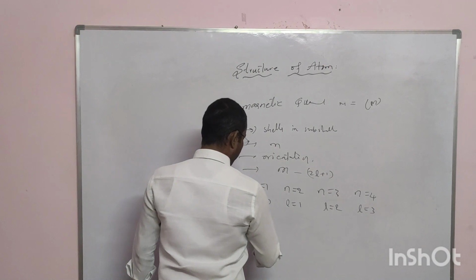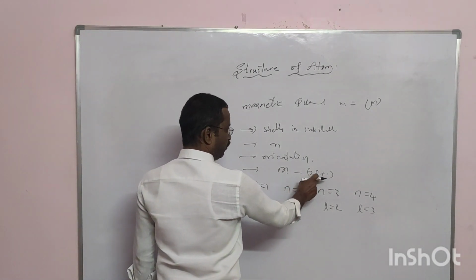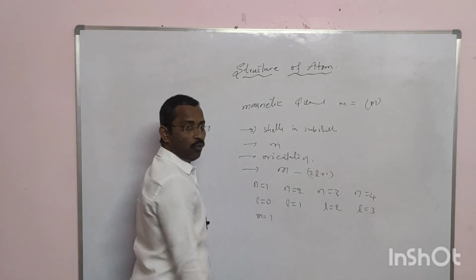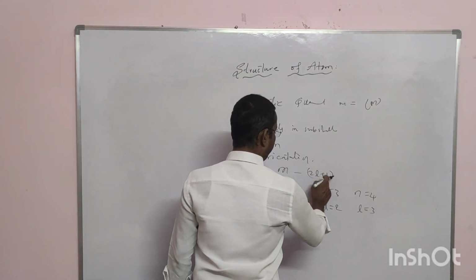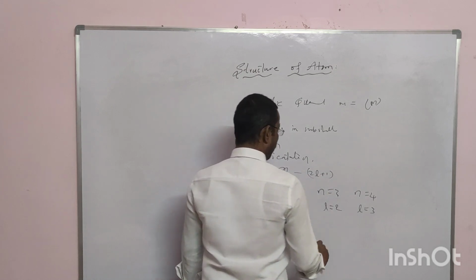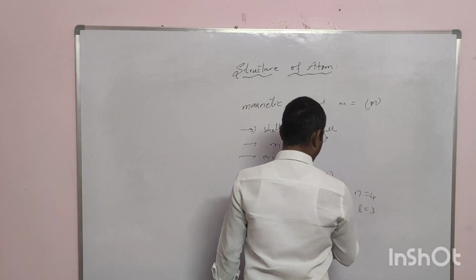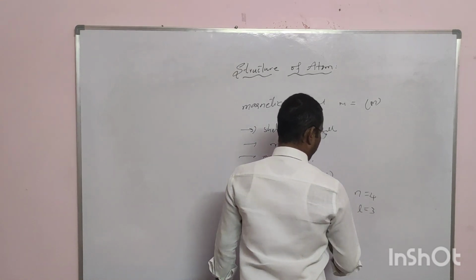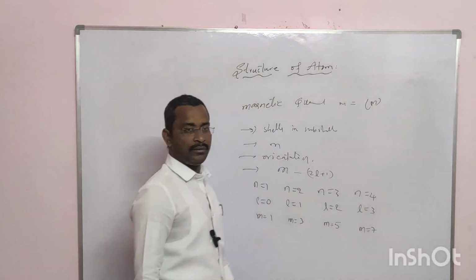Next, what about M? The formula M is equal to 2L plus 1 applies. 2 into 0 is 0, plus 1, gives 1. Here M is 2 into 1 is 2, plus 1, gives 3. Here M is 2 into 2 is 4, plus 1, gives 5. Here M is 7.